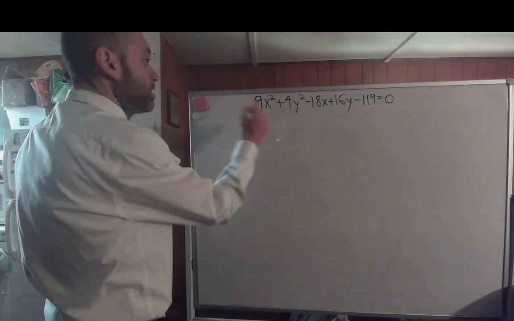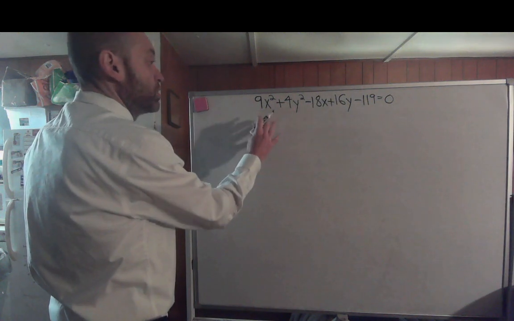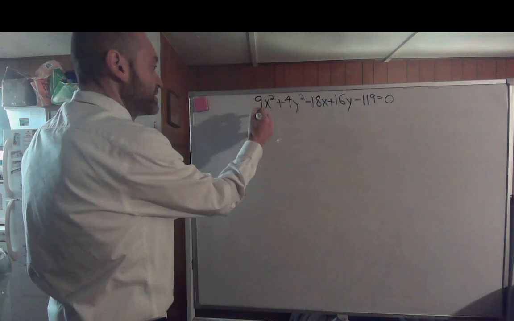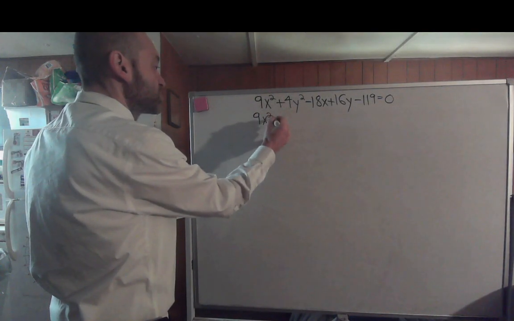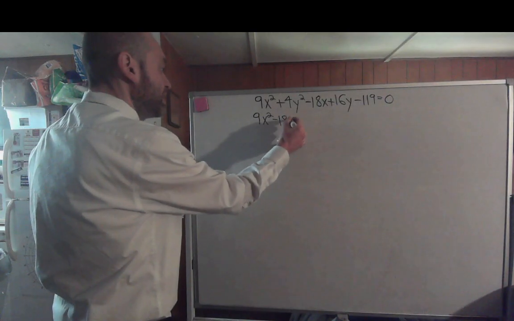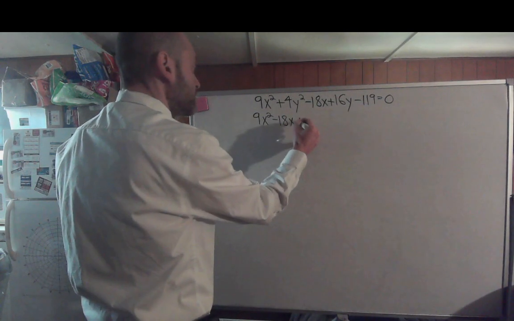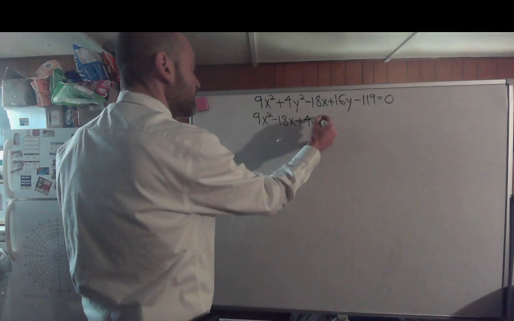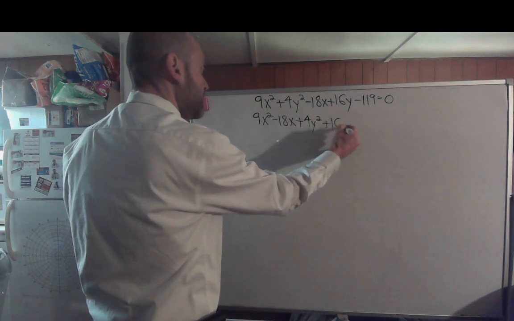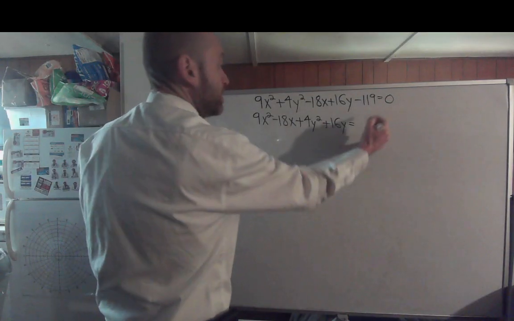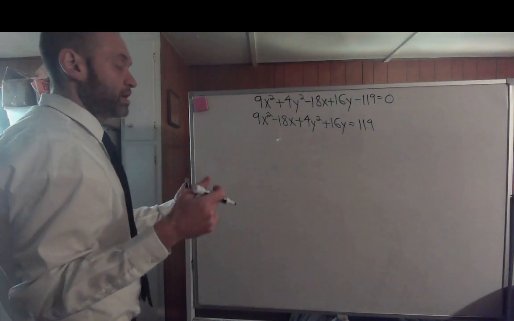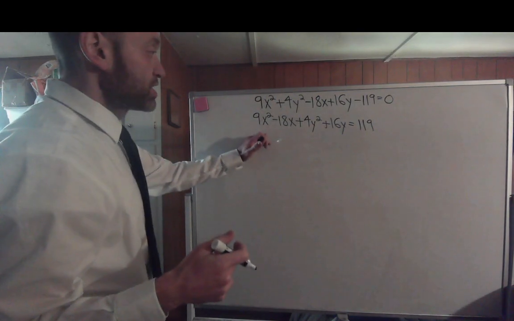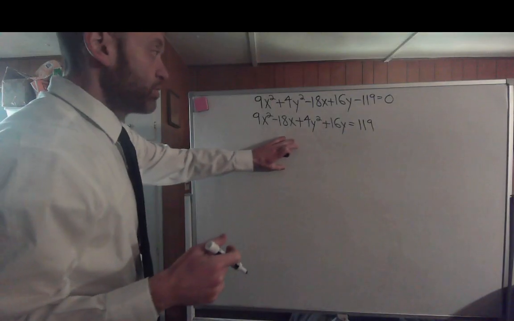So, okay, let's simplify this by getting the x and y terms together. So you'll have 9x squared minus 18x plus 4y squared plus 16y would equal 119 if we get rid of the constant on the left and move it over to the right. Now on your x terms and y terms, factor out what you can factor.